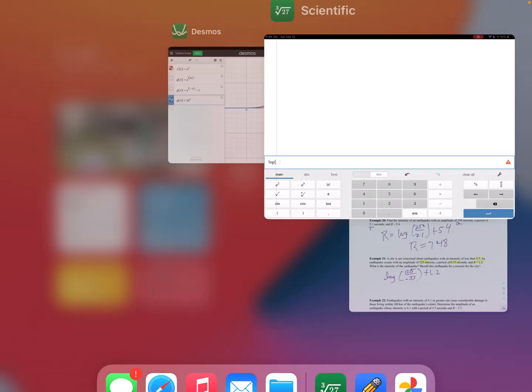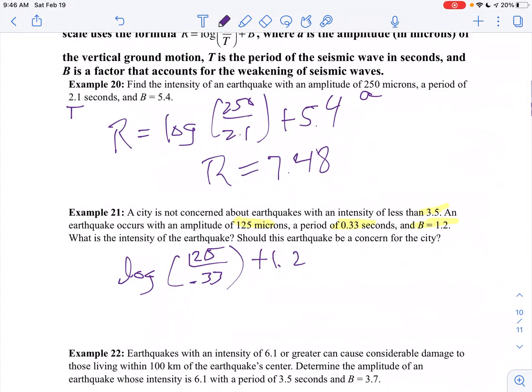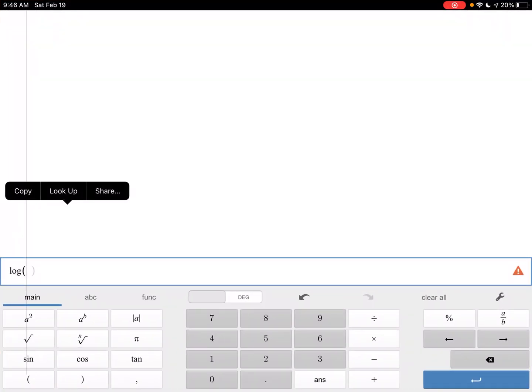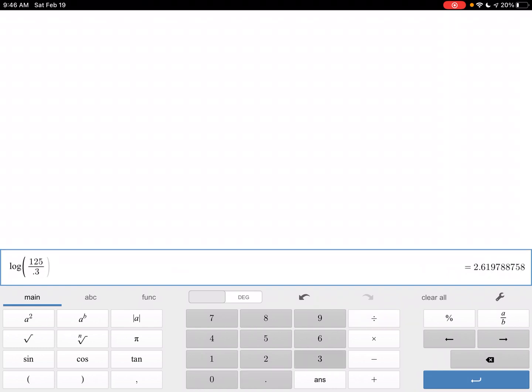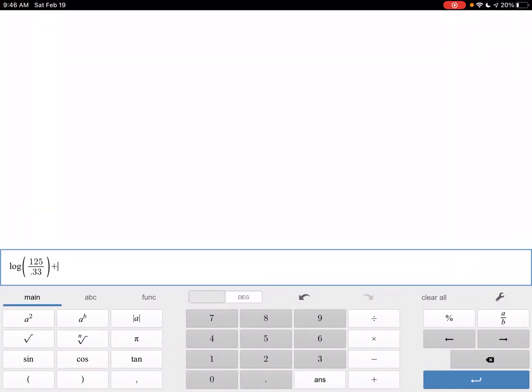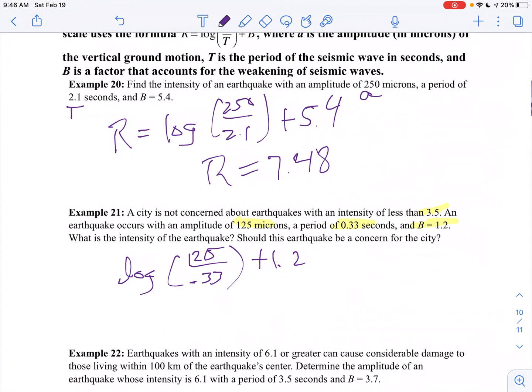So we said the log of 125 divided by 0.33 plus 1.2. So we get a Richter scale of 3.78. Yes, they should be concerned.